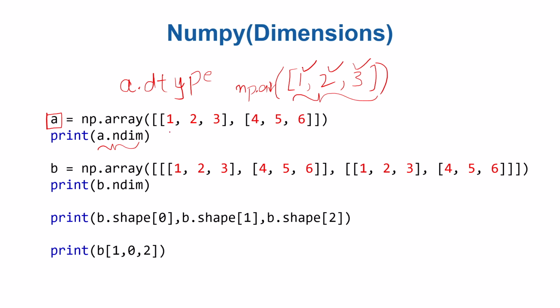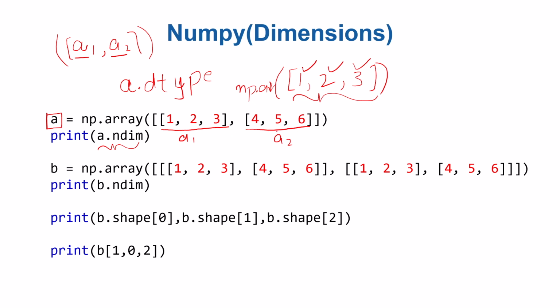On the other hand, here is one list, another list, and another list that contains lists inside. Let's say that's array 1 and that's array 2, and that is simply an array of two different arrays. A1 is this array and A2 is this array. Now, if we need to access any element in this array, we need two indices.